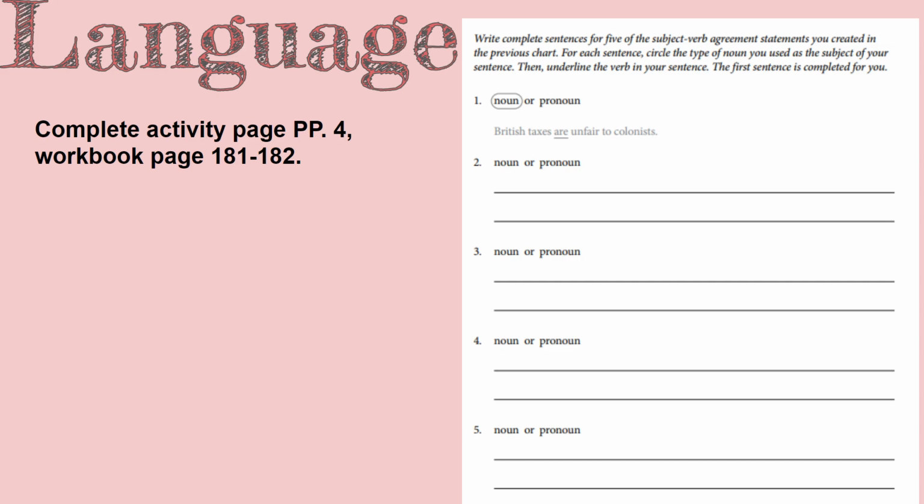So number 1, they circled that they used a noun, the British. They didn't use a pronoun, I, you, we, he, she, it, they. Those would be pronouns to replace the subject. So in this sentence, they said the British taxes are unfair to colonists. So they're using the actual noun, the British, and the verb is underlined as are.